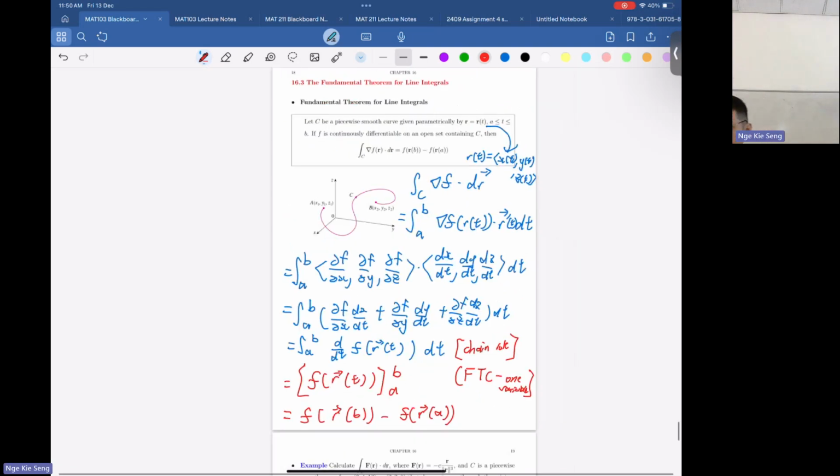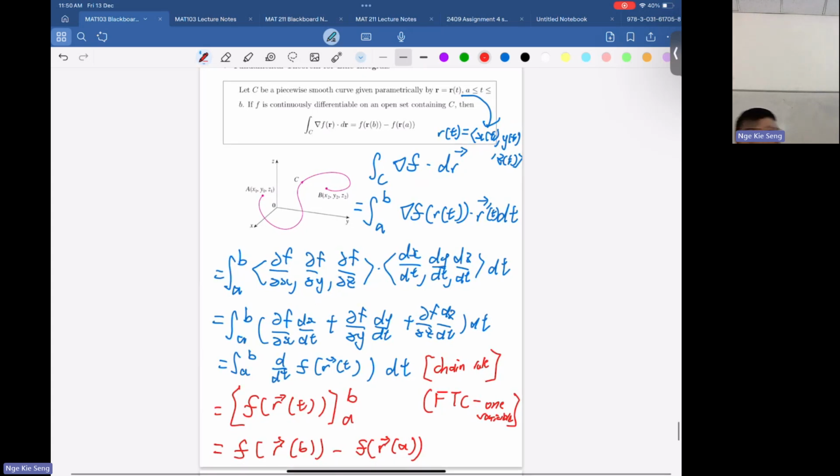What I want to say is that the fundamental theorem for line integrals, we really derive it from Calculus 1 and FTC, together with the chain rule, that's all. Actually, it's from what you have learned. So what's the benefit? In the one-variable FTC the line is straight in 2D, but now our line can be curved in 3D, and it's still just head minus tail. Isn't that nice? There's no extra thing to compute, just head minus tail, and we get the result, which is very good.